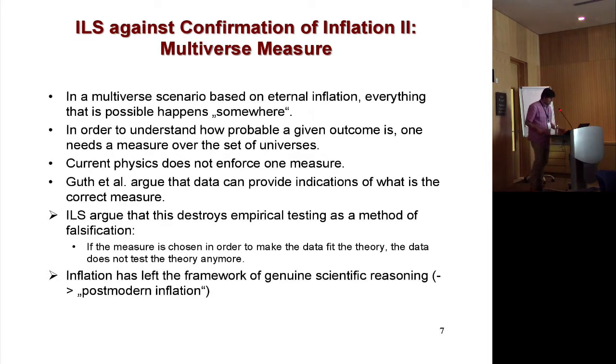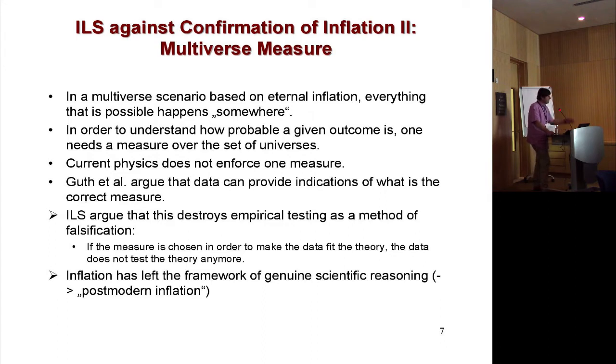And current physics does not enforce one specific measure of that kind. Actually, Guth et al. feel confident with this situation, and they argue that in such a context, specifying the measure is actually part of the inquiry.